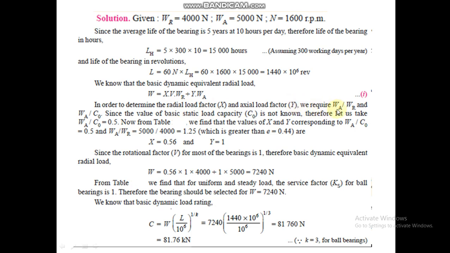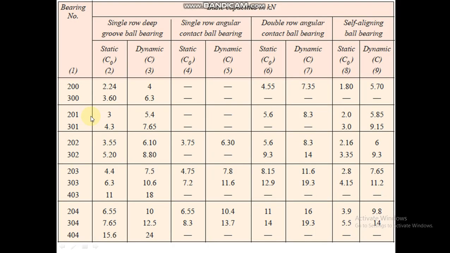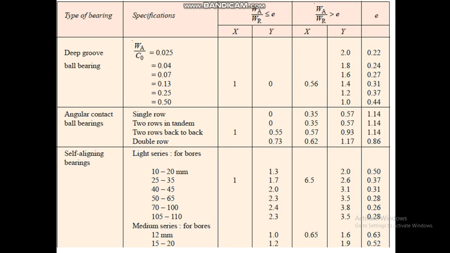For this, we have to find WA by WR and WA by C naught, because in the table, if you have to find X and Y, then you should know WA by WR and WA by C naught.